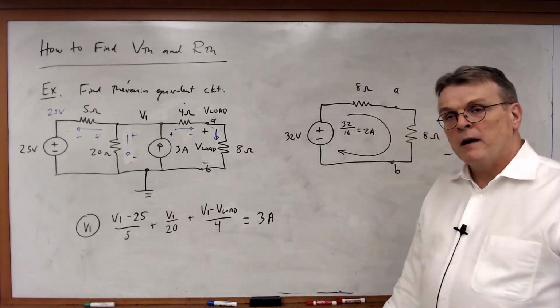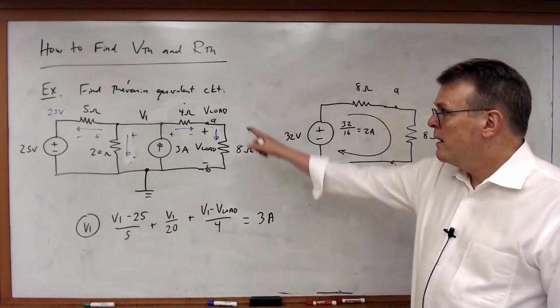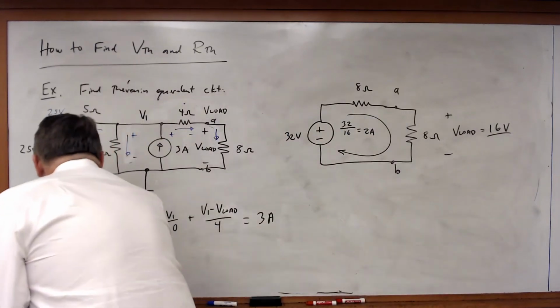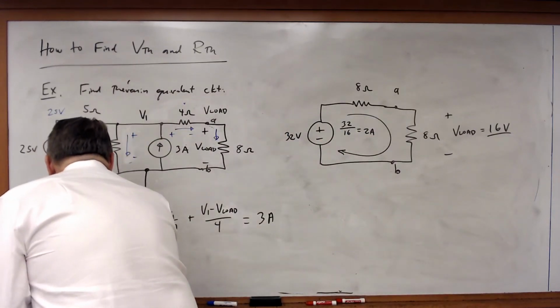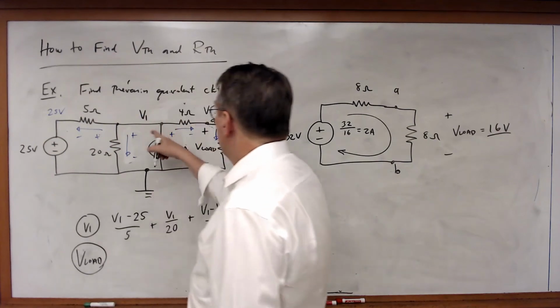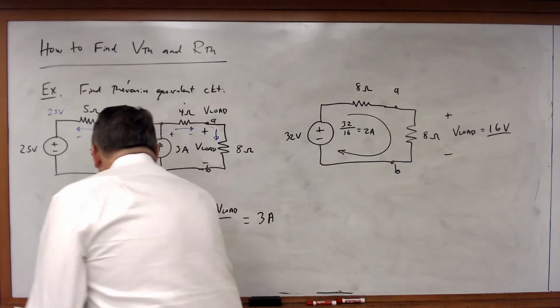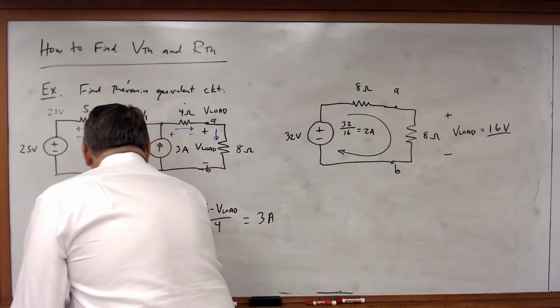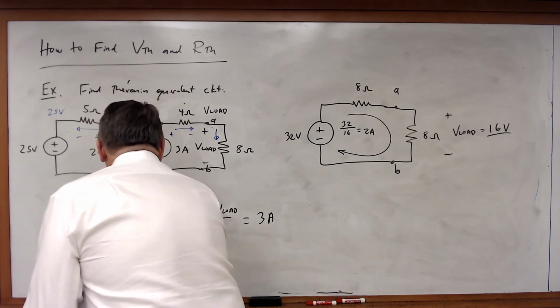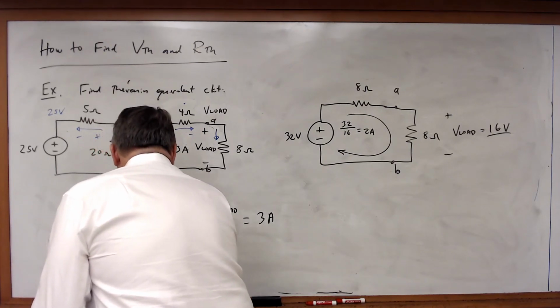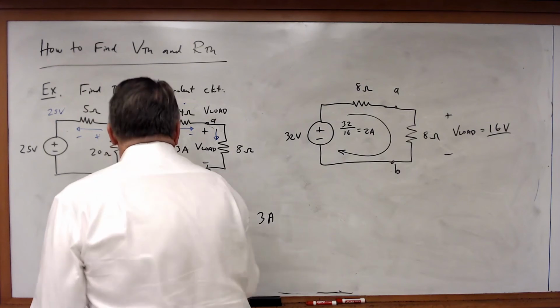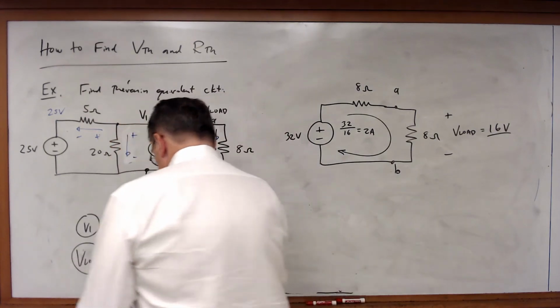So that's my KCL equation for V1. For the V load node, V1 minus V load over 4 must be equal to V load over 8.